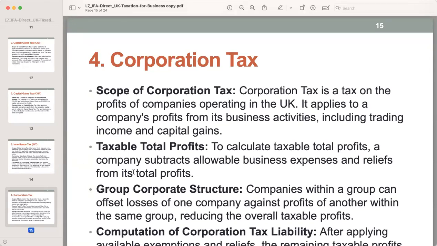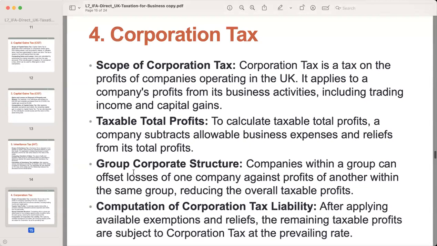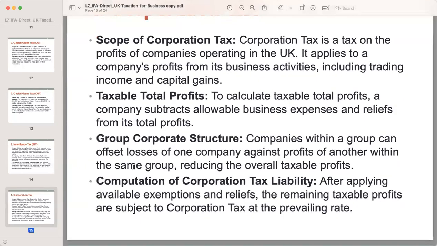In a group corporate structure, companies within a group can offset losses of one company against profits of another within the same group, reducing the overall taxable profits.